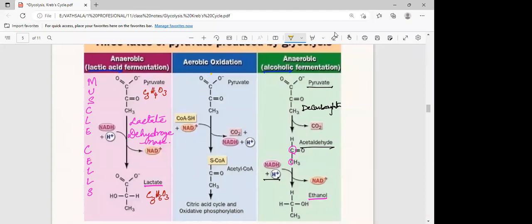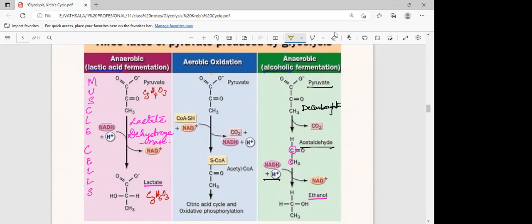So this is pyruvate. Pyruvate is C3H4O3, right? C3H4O3, CH3COCOOH. This is pyruvate. What is happening?